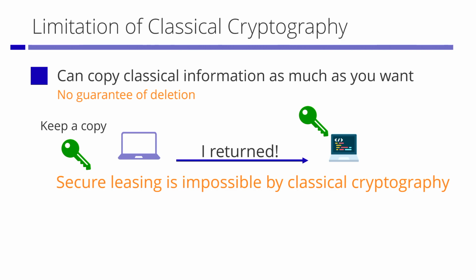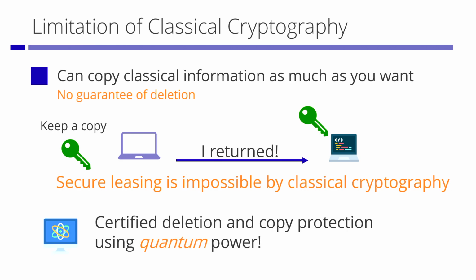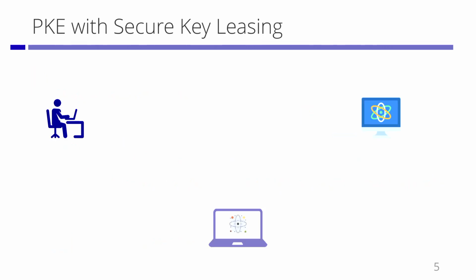In general, it is impossible to achieve secure leasing by classical cryptography. However, quantum mechanics enable us to prove deletion or prevent copying. So let's see the functionality of public key encryption with secure key leasing.